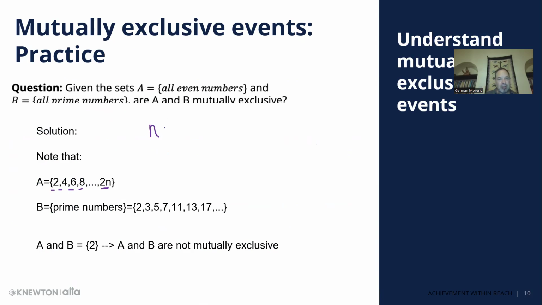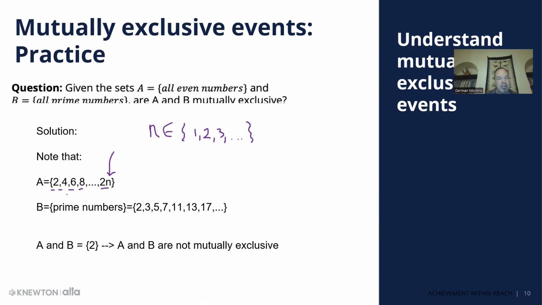That might be a little confusing, where n is an element of the counting numbers, which are one, two, three, etc. So they kind of sneak that technical language in. The idea is that any number multiplied by two is an even number.